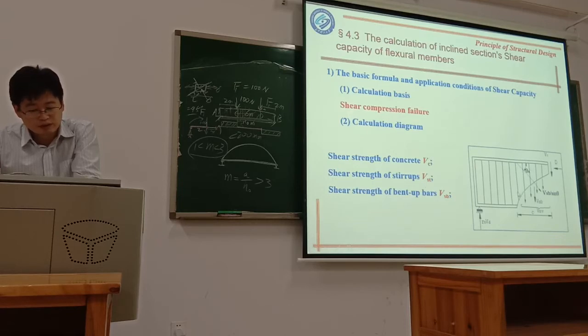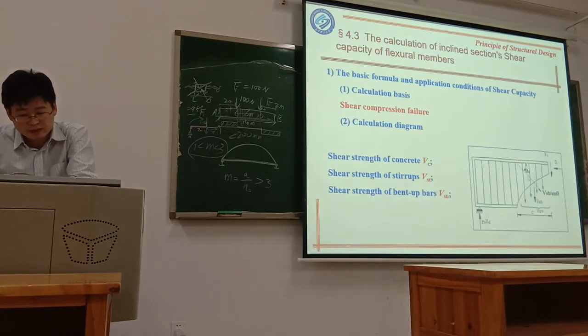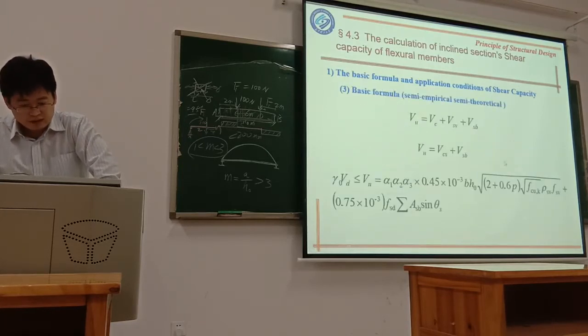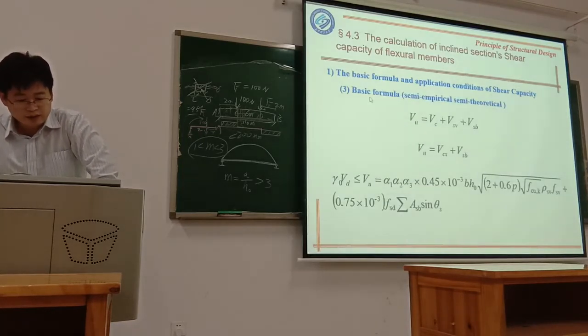All the stirrups resist the shear force, and the shear strength of the bent-up bars. Some of the longitudinal reinforcement is bent up to resist the shear force. Finally, we got this basic formula.